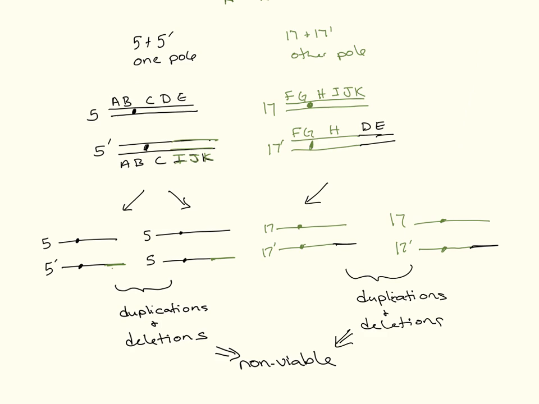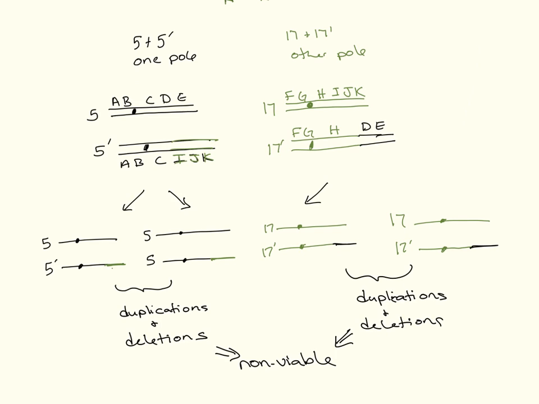So those gametes will be non-viable. So if the tetrad had arranged itself so that 5 and 5 prime and 17 and 17 prime were pulled to the two opposite poles together, you're going to end up with all non-viable gametes.